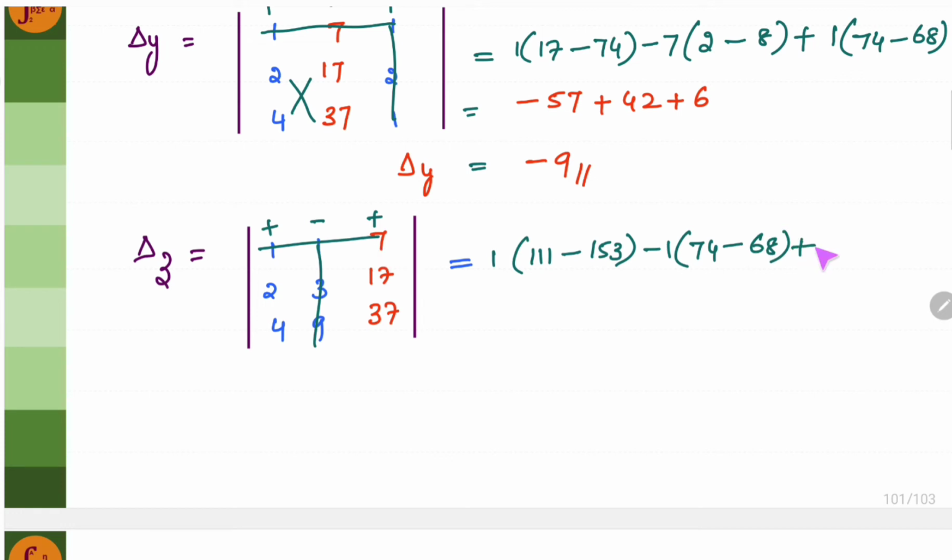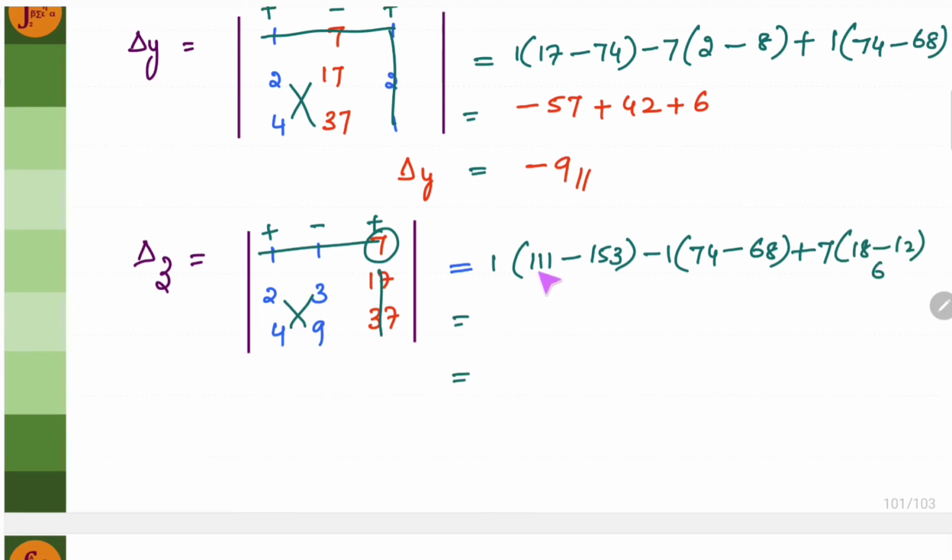Then plus 7 into 2 9s are 18 minus 4 3s are 12. So we'll get 111 minus 153 is minus 42, minus 74 minus 68 is 6, minus 6, and plus 42, which is nothing but minus 6. So determinant of z is minus 6.